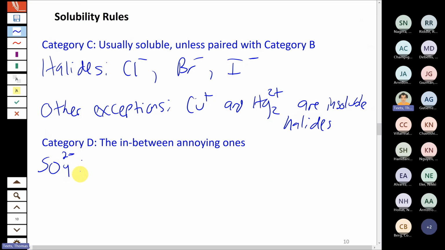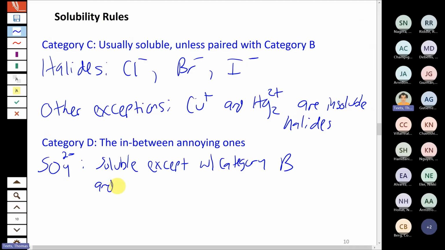Sulfate salts, I should say, are usually soluble, except with one of those special cations from category B, which is almost always insoluble, so don't forget about those. But they have a few other exceptions as well.